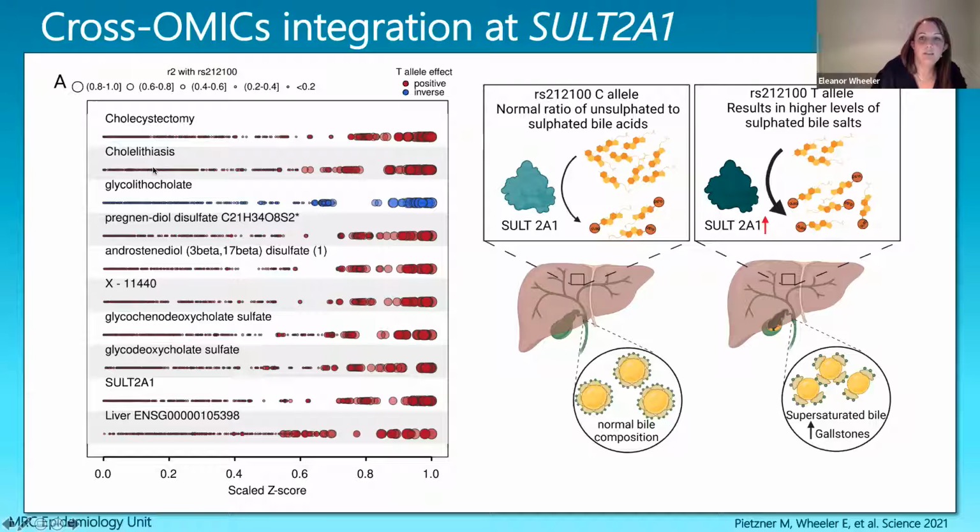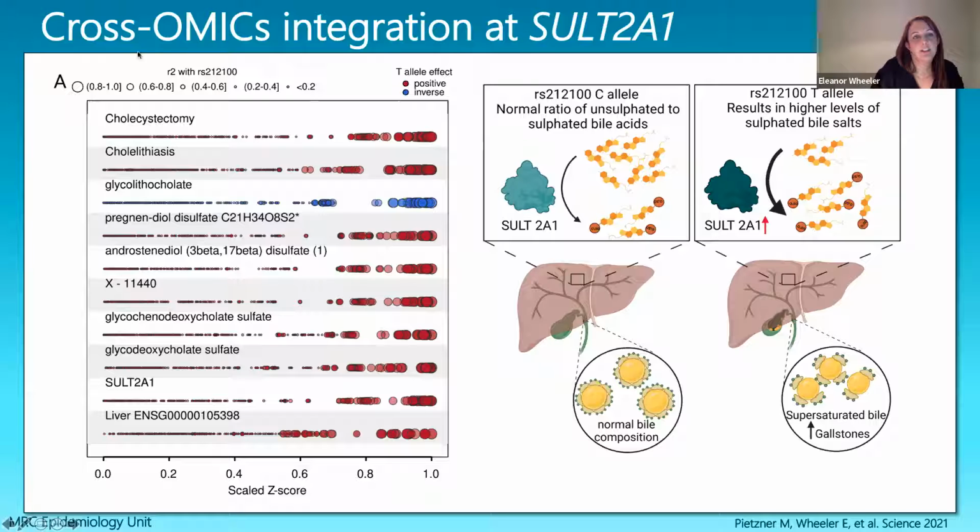We found that the signal was also shared with mRNA expression of SULT2A1 in the liver and plasma concentrations of multiple sulfated steroids and bile acids. This consistent shared positive effect direction across all of these physiological entities suggests that SULT2A1 activity is the mode of action, where increasing protein levels results in higher levels of sulfated bile salts, and that's what increases the risk of gallstones.